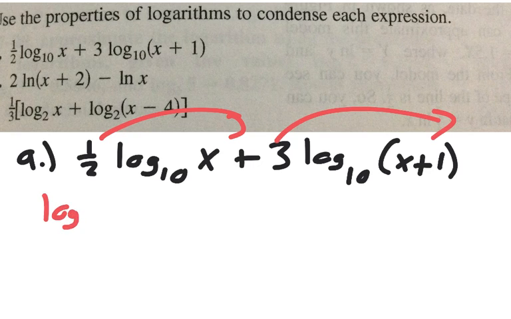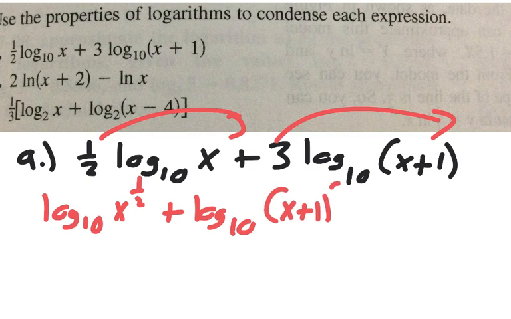So now I have log base 10 of x to the 1/2 plus log base 10 of x plus 1 to the 3rd. So I'm moving those products up to be powers.